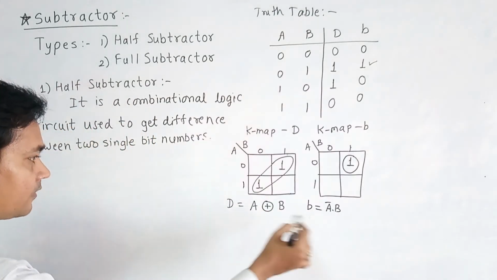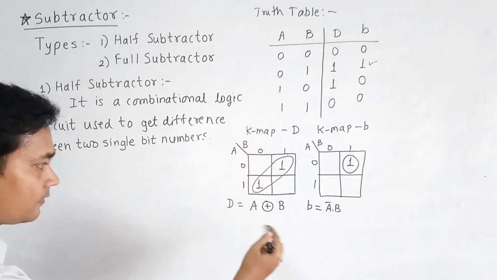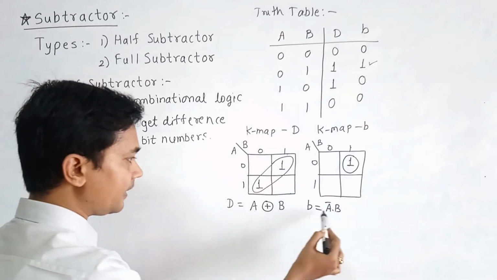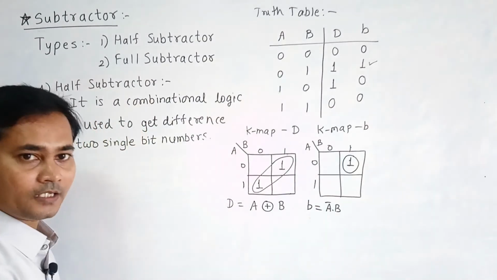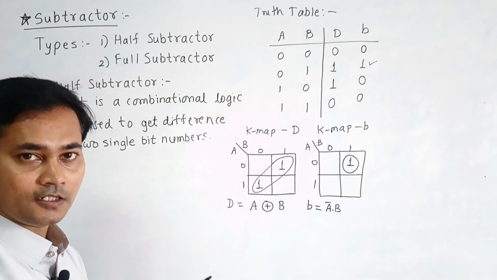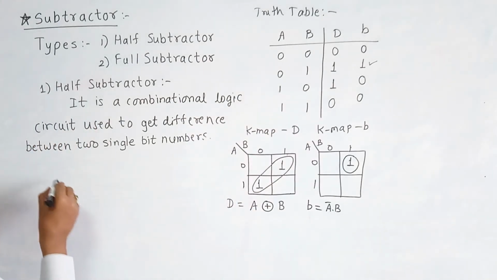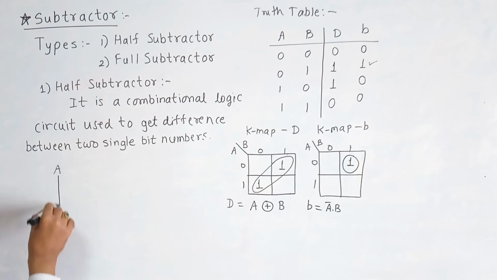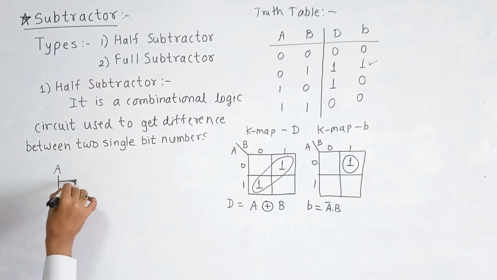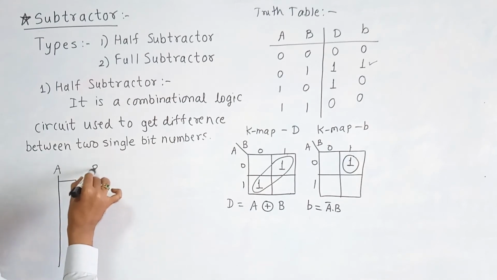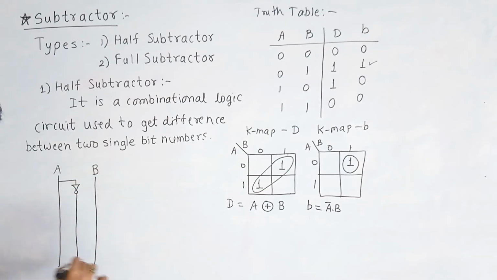As we are having three kinds of input, that is first is A, second is A bar, and third is B, we have to draw three lines to implement the circuit. So A is the first line, then A bar is the second line, and B is the third line, okay.